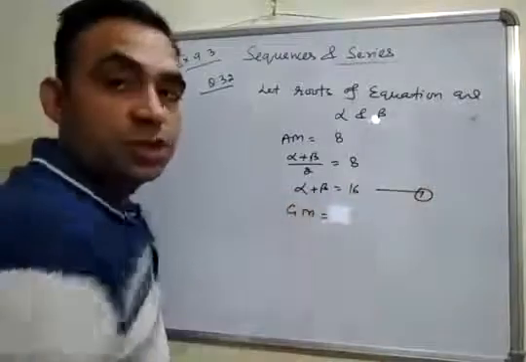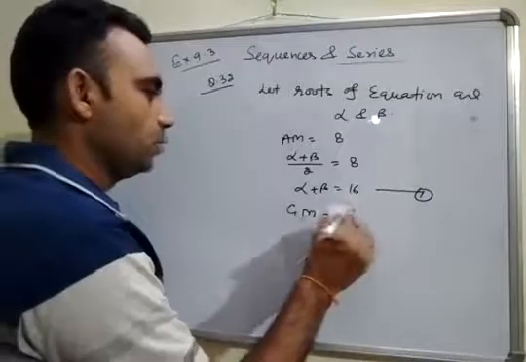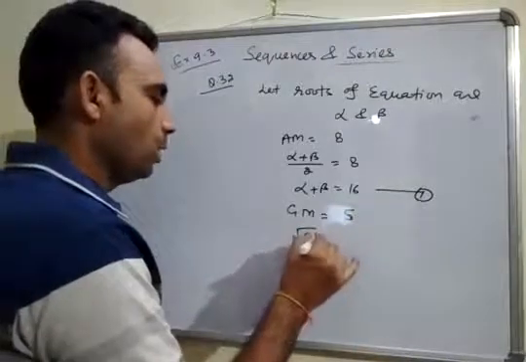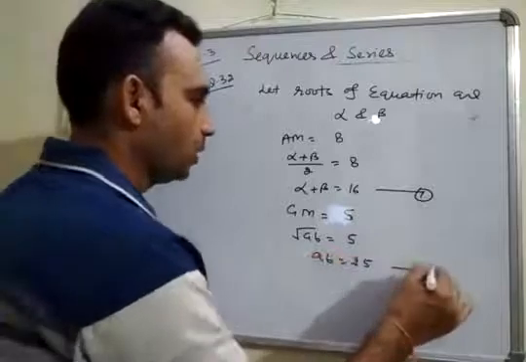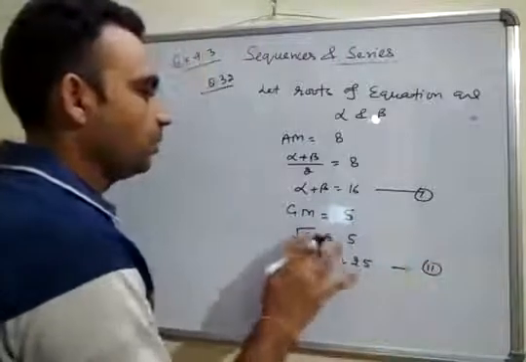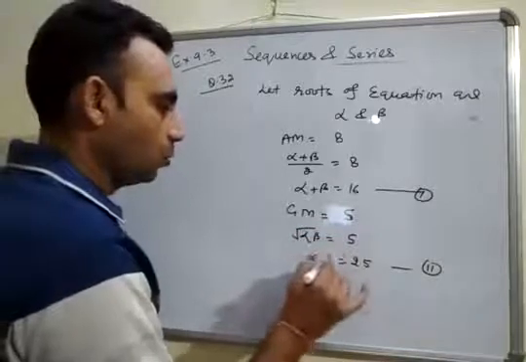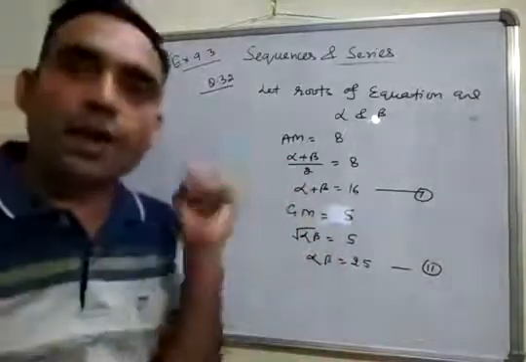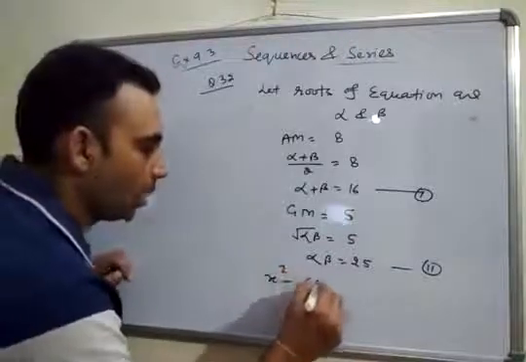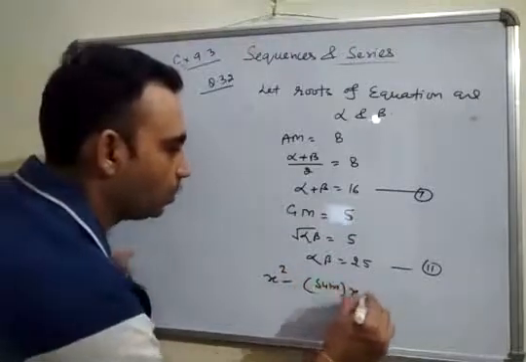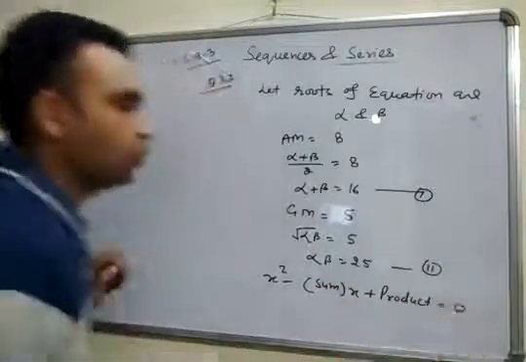Also GM is given 5. GM implies under root AB, so under root alpha beta is equal to 5, or alpha beta is equal to 25. Now we have to find out the quadratic equation. What is the quadratic equation? x square minus (sum of roots) into x plus product of roots is equal to 0.